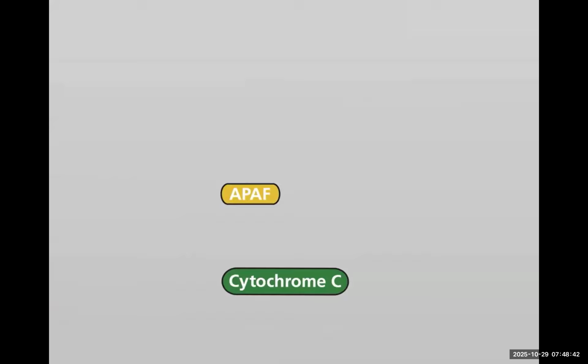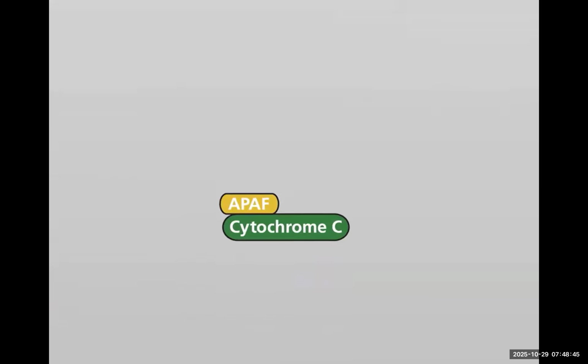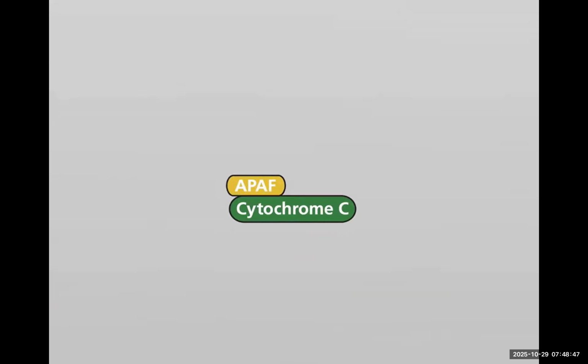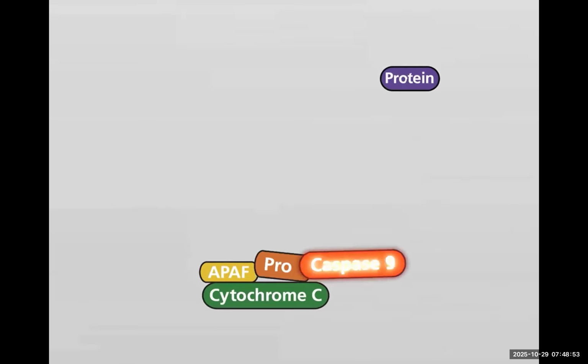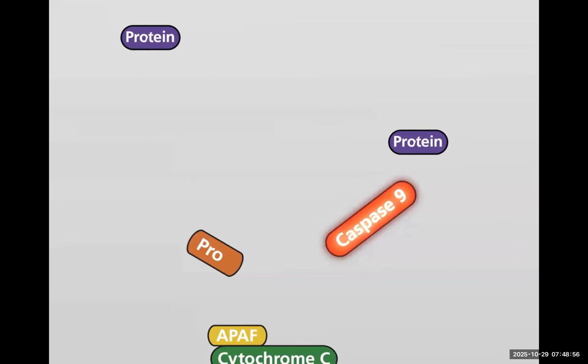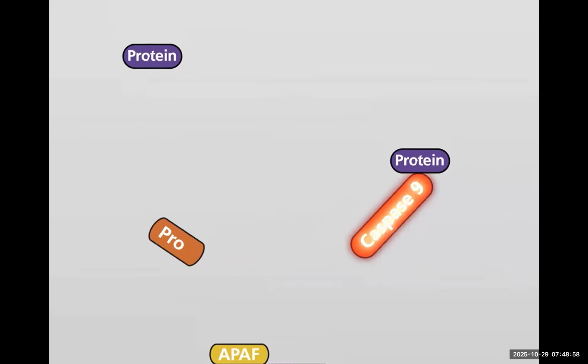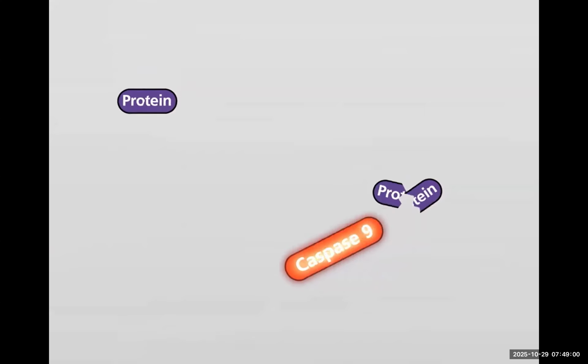In the cytosol, cytochrome C binds to APAF and may then associate with an inactive form of procaspase 9. As a consequence, the inhibiting domain of the procaspase is hydrolyzed and dissociates from the protease. By this mechanism, caspase 9 becomes active.